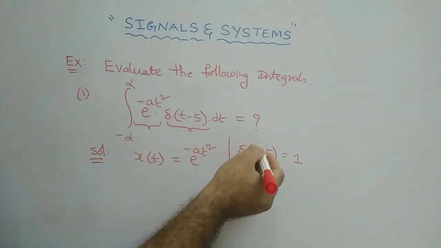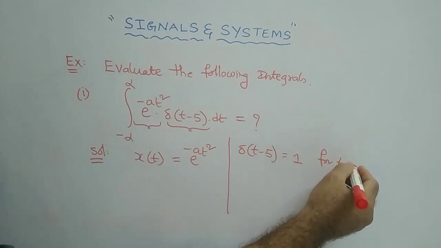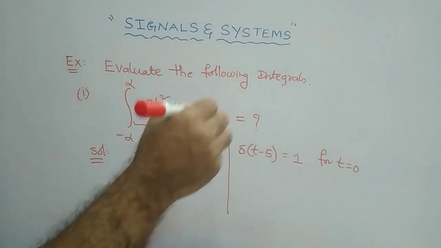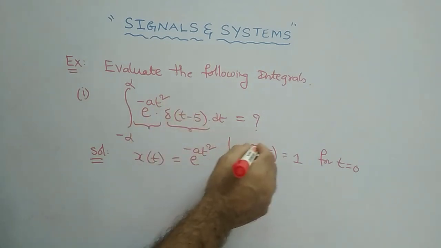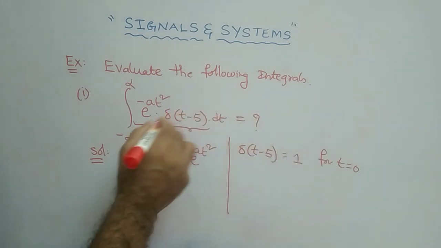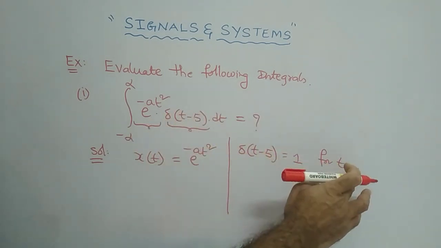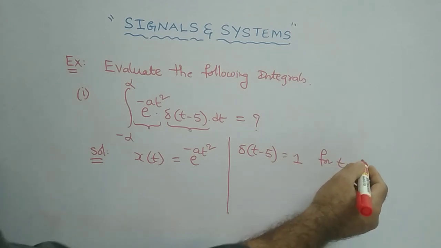In general, delta of t is equal to 1 for t equal to 0. But here for the shifted one, delta of t minus 5 is equal to 1 for t equal to 5.